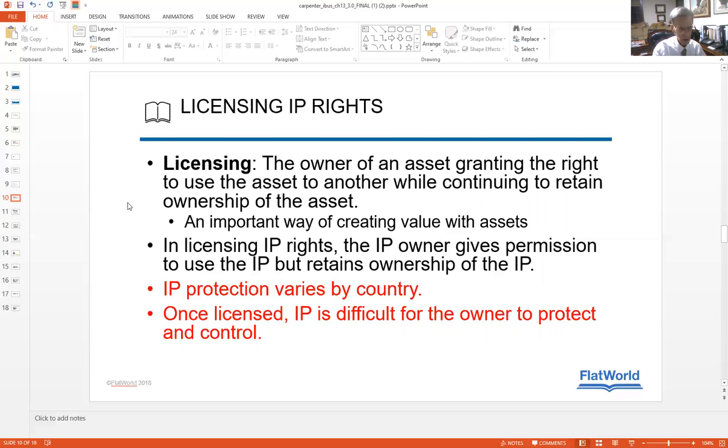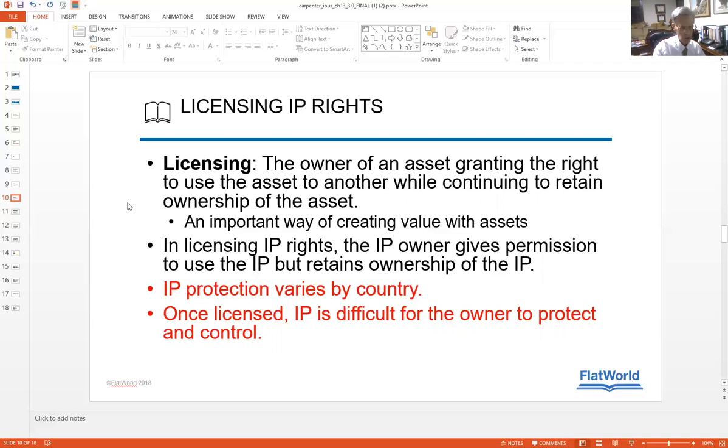So they may say they protect it, but they're also trying to get hold of it. And so I put the bullet at the very bottom of this slide. That was not provided by Flat World. And that is that once licensed, intellectual property is difficult for the owner to protect and control.